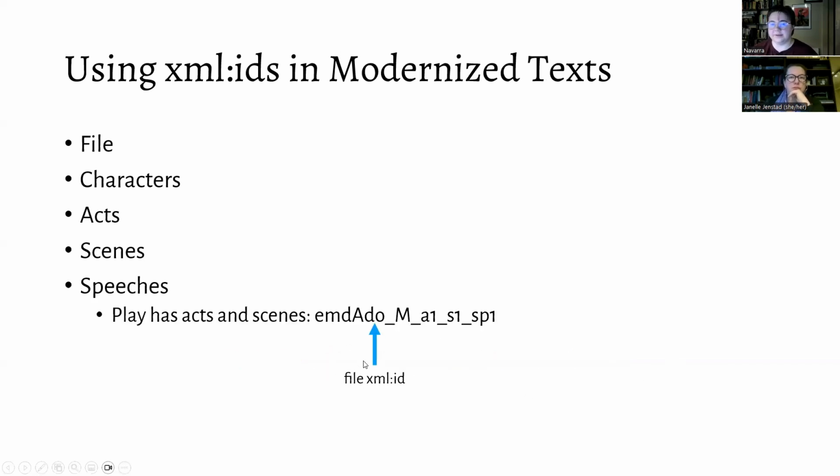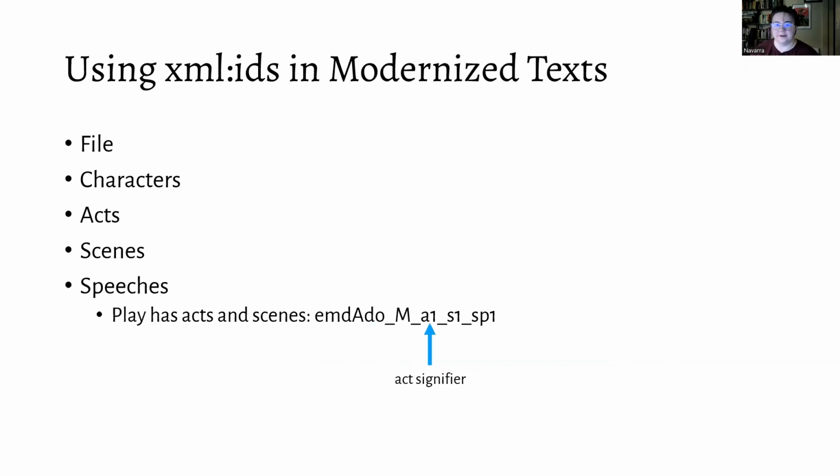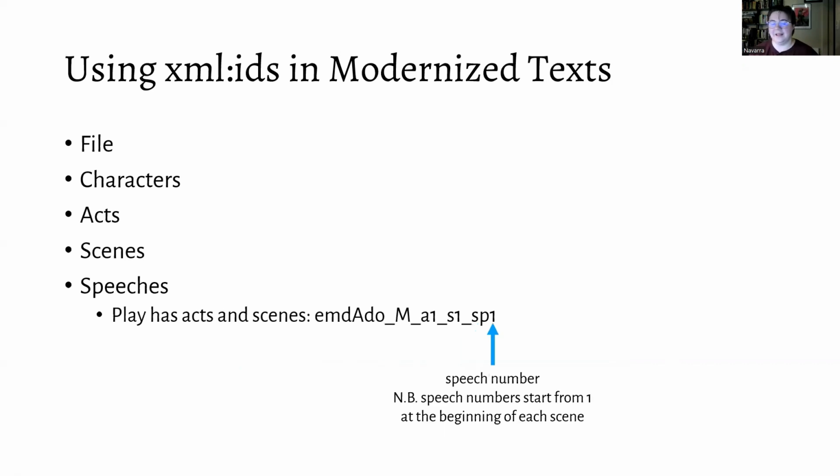Again, this is going to look a little bit different if you have acts or not. If you do have acts and scenes both, you will have your file XML ID, an underscore, your act signifier, another underscore, a scene signifier, another underscore, and then SP for speech and the speech number.